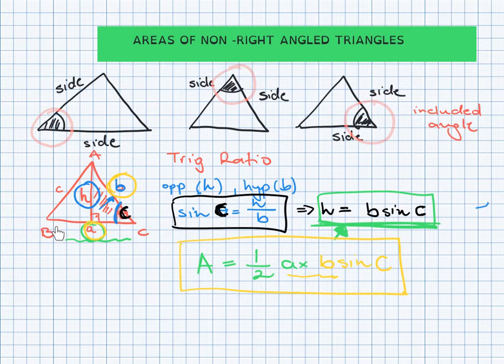I have seen students using the same triangle and same labeling, because they feel consistent using the same notation. However, you may change the letters and the angles, but if A and B are those two sides, then it has to be the angle between those two sides, the included angle. So this is the formula that we're going to use.